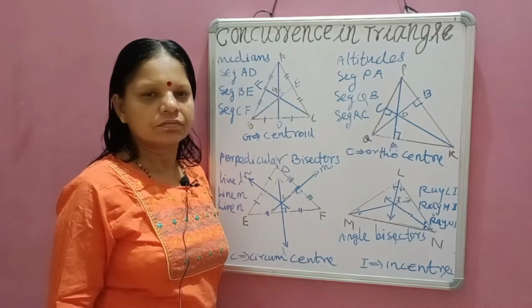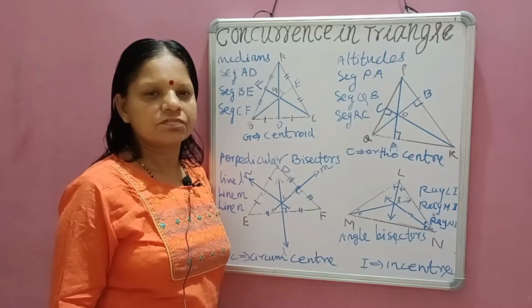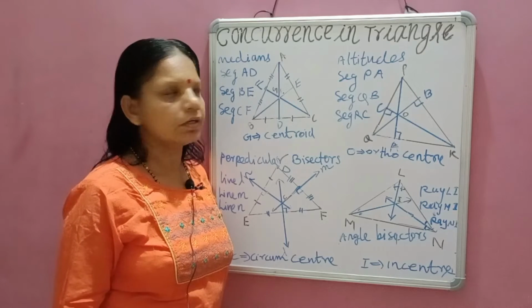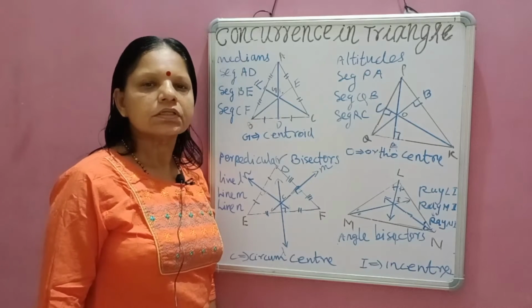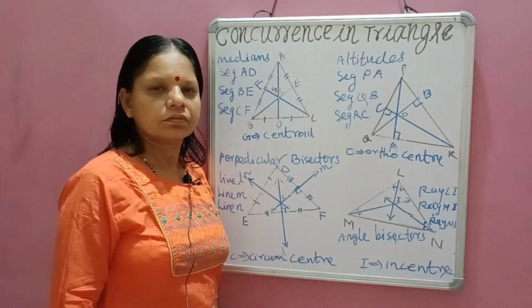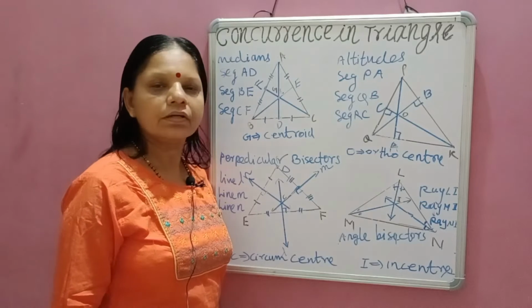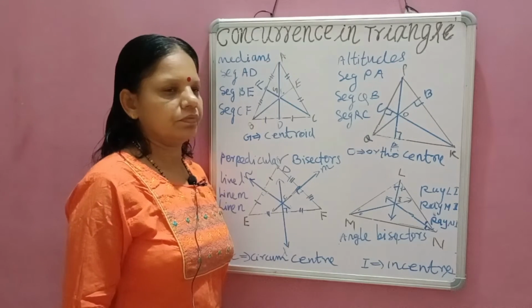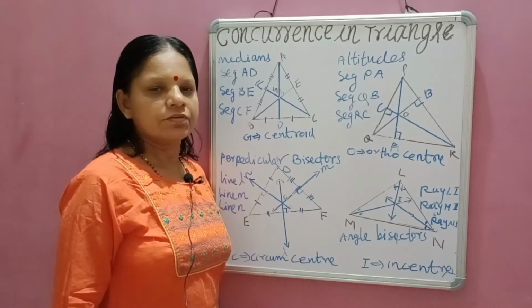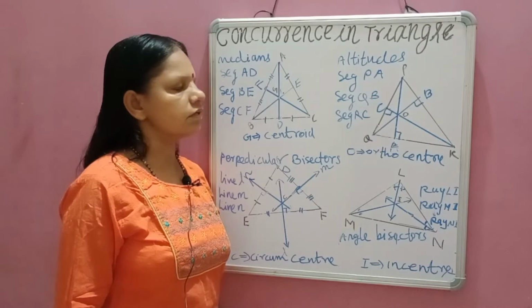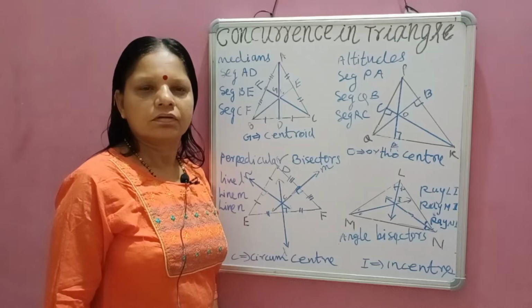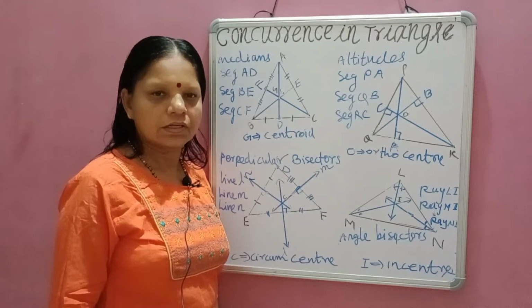The lines passing through the same point are called concurrent lines, and the point through which the lines pass is called point of concurrence. Here we will study the points of concurrence in a triangle.